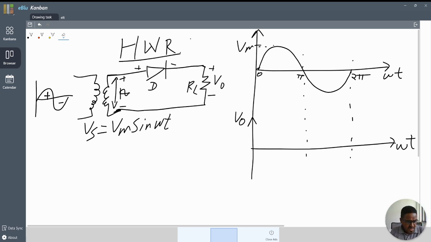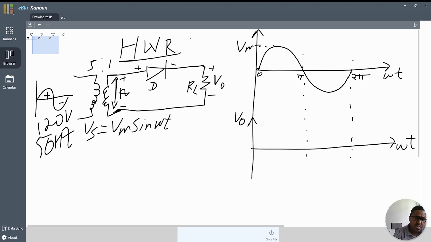As you see in this circuit, we have a power source, for example a 120 volt supply with 50 hertz. Our transformer ratio is 5:1, which means a step down transformer. So what is the value of the secondary voltage in the transformer?